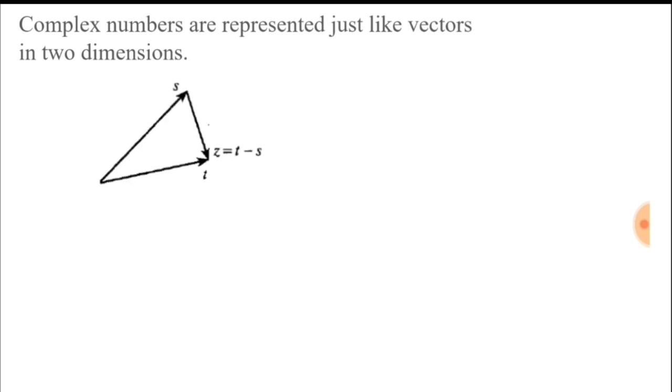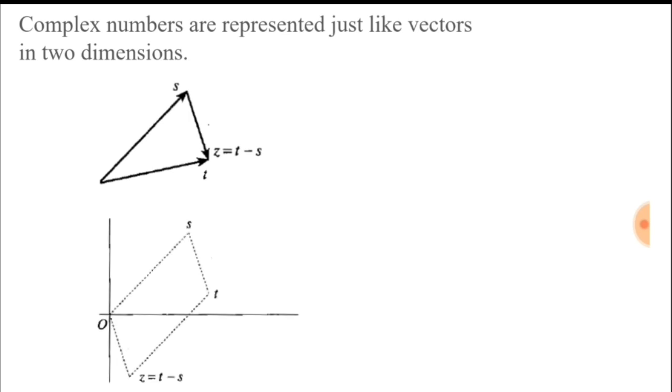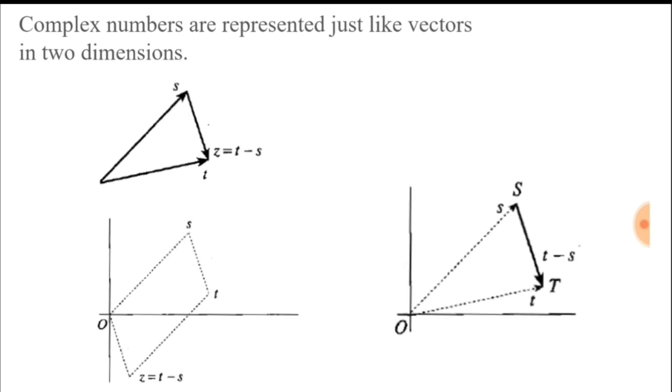And subtraction of complex numbers can also be represented using vectors as shown in the figure. Vectors s and t, their difference is represented by vector z equal to t minus s.